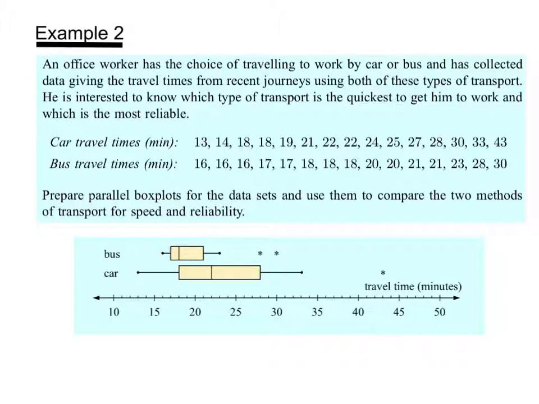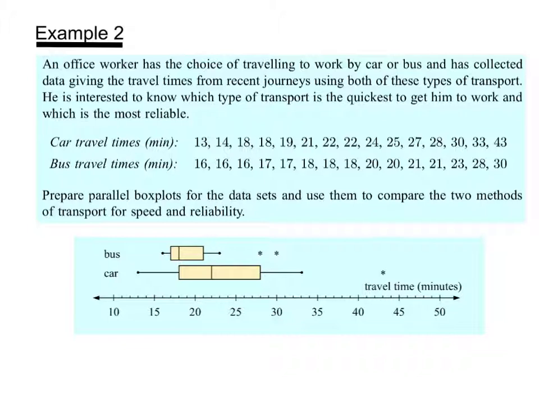Now, a few things here. Notice that we have 2 box plots on the same number line, which allows me to quickly compare a lot of things, including the median and the spread of the data. Also notice that with the bus, there are 2 asterisks here. And these asterisks represent the outliers of the data set for the bus time.